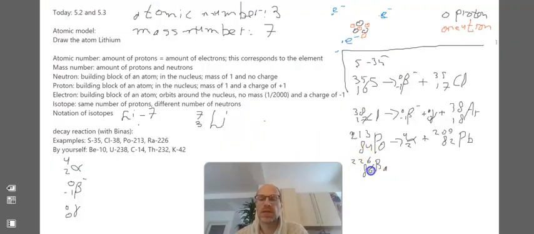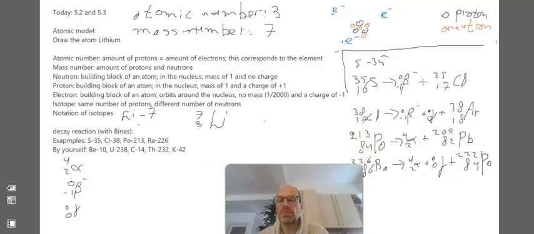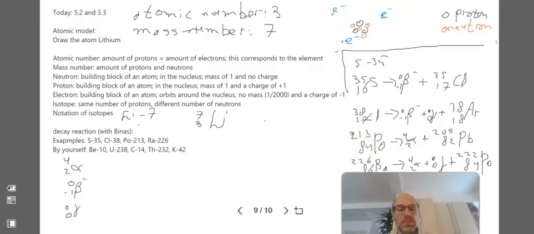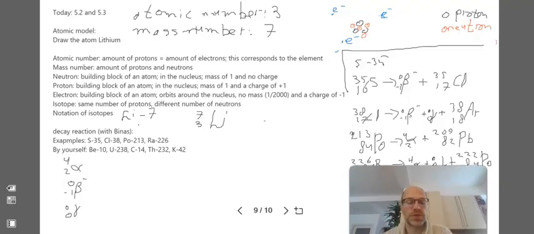So 86. And then we had alpha. Alpha was 4,2. And then we have gamma is 0, 0. And then we need to balance it. 226 equals 4 plus 0 plus 222. 86 equals 2 plus 0 plus 84. Oh, and 84 is PO apparently. We already used that over here. Okay, this is how we balance decay, make decay reactions.